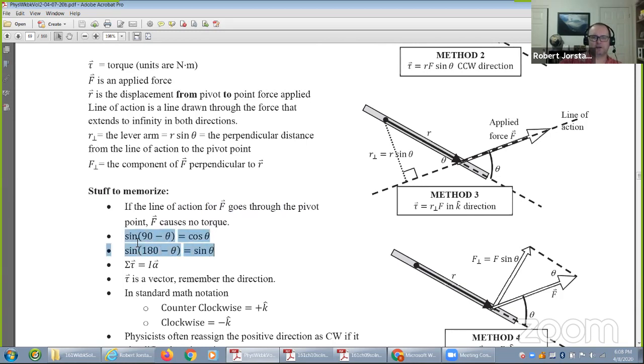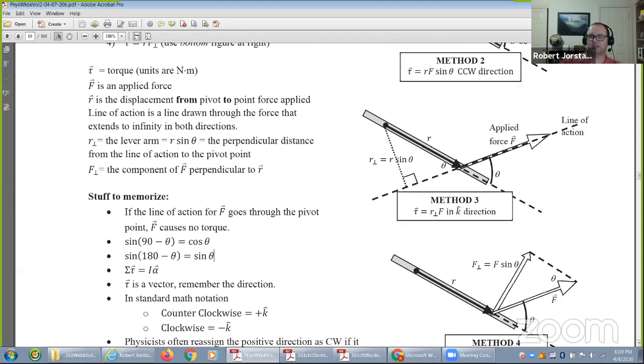Here's a couple of trig identities that are useful to know. In a lot of problems, we're going to see 90 minus theta appearing. Just know that anytime you have sine of 90 minus theta, that's equal to cosine theta. Memorize it. Similarly, this is really cool. Sine of 180 minus theta is also sine of theta.